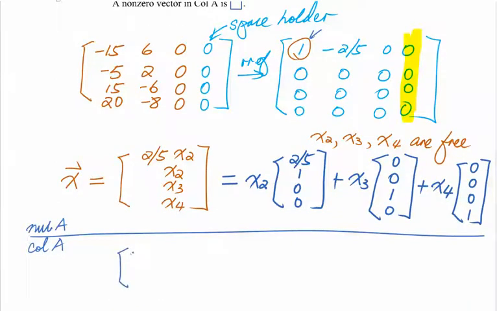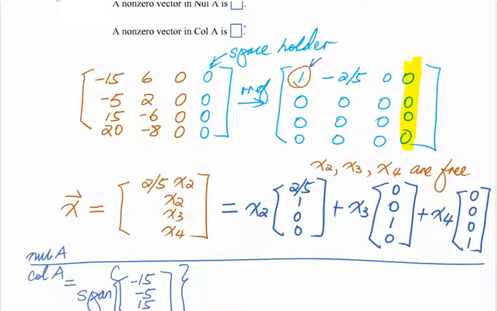Then the first column should span the column space of A. So I know the column space of A is the span of this 1 vector. So you could just enter your vector over here or a multiple of this vector over here, and that's it. Okay, so that is question number 9 from 4.2.